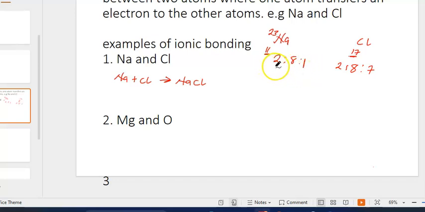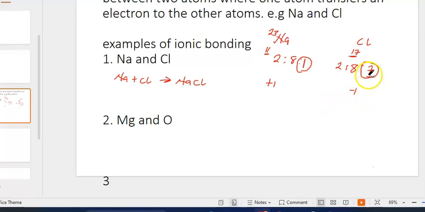When you look at the number of electrons in the outermost shell, we have 1. That means sodium is going to lose 1 electron for it to be stable. Now for chlorine, chlorine is going to gain 1 electron for it to be stable.